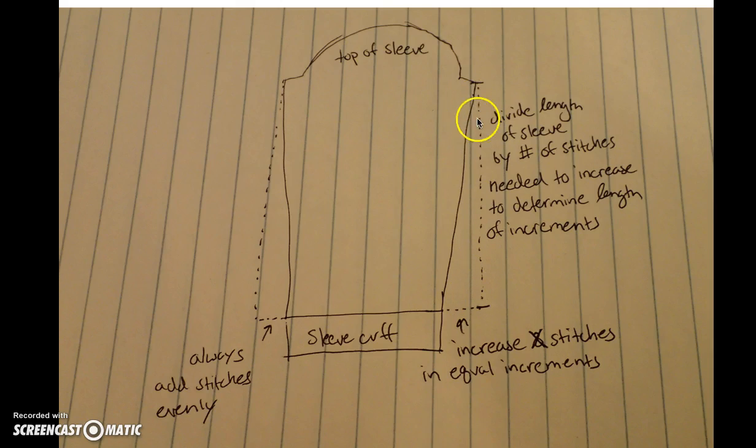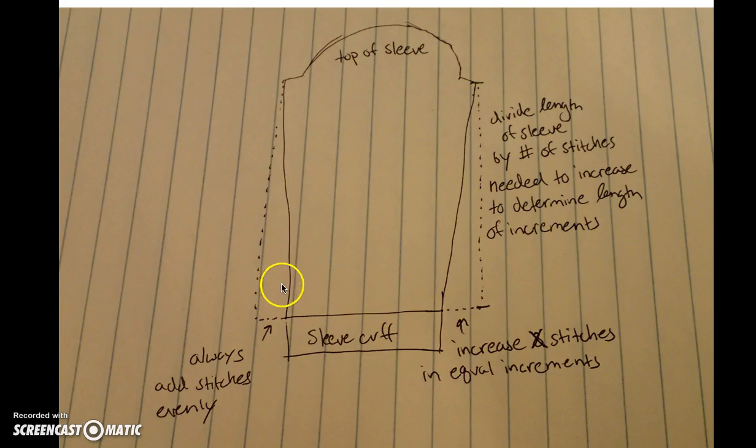So you're going to divide 10 inches by 5 to figure out how many inches increments you're going to want to increase. So for this example, you'd want to increase 2 stitches, 1 each side, every, let's say 5 inches or so, or excuse me, every 2 inches or so.